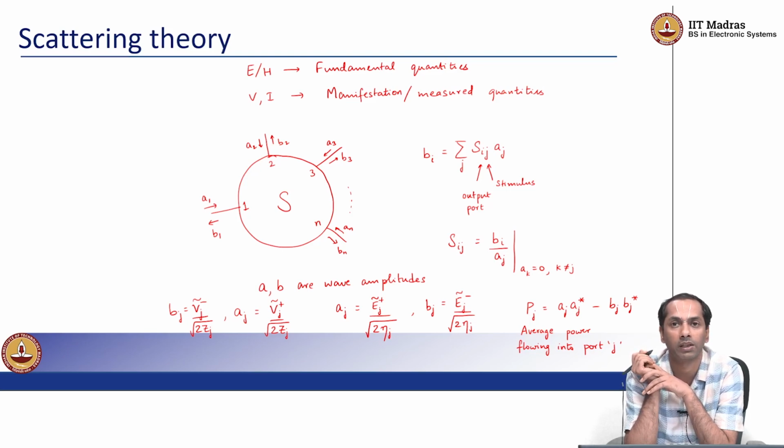Scattering parameters are parameters of their own. One may be able to equate some of these scattering parameters to gamma, t, but in general these A's and B's are new quantities that I am defining, such that the square magnitude of these wave amplitudes gives the average power flow.